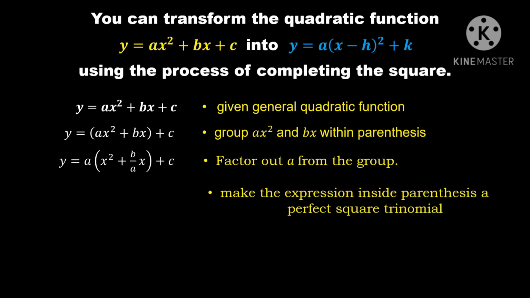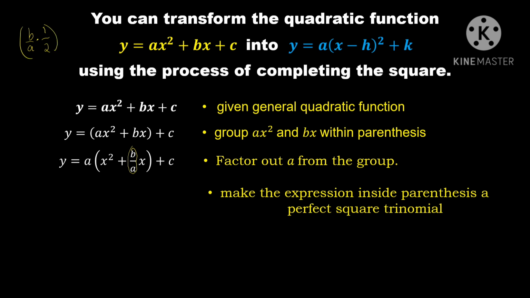So we have to make the expression inside the parentheses a perfect square trinomial. Okay, so what will we do there? So we have to take the coefficient of x. Here, we take the half of this. So getting the half of b over a is the same as multiplying it by 1/2.